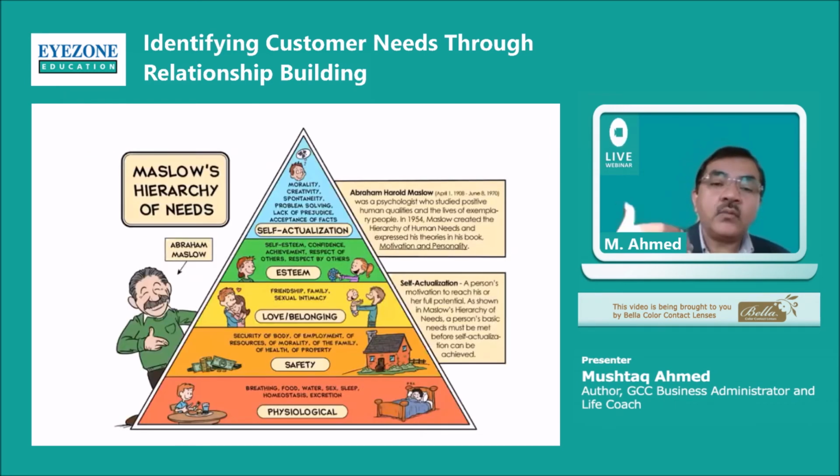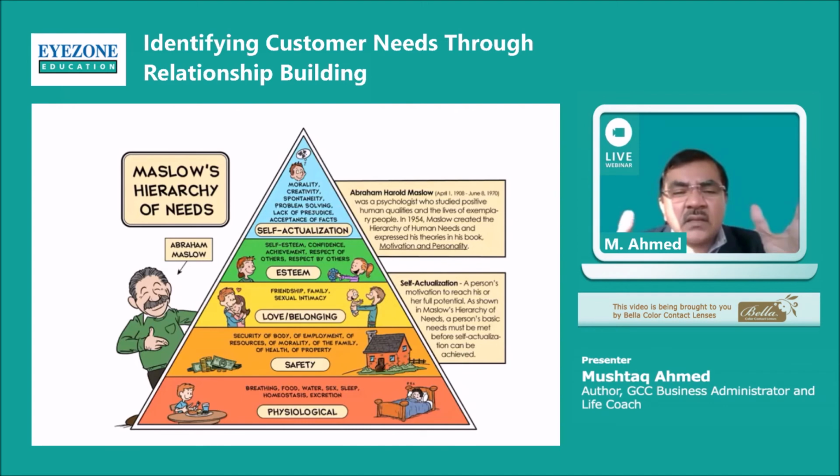Okay. So we also talked about Abraham Maslow's hierarchy of needs. This I will talk about more in depth, but what happens in Abraham Maslow's hierarchy of needs is, way long back in 1908, a social scientist by the name of Abraham Maslow developed this pyramid. And he said, these are the fundamentals, 5 basic needs of humans.